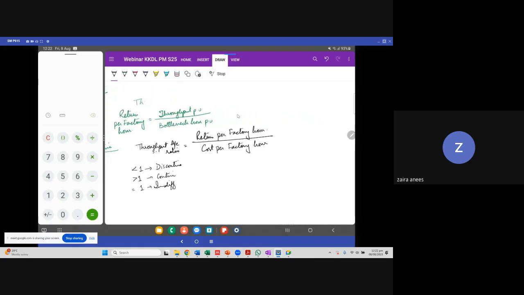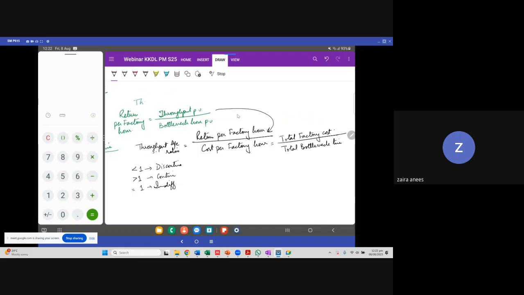And how will you calculate return per factory hour? It is calculated using the same method as before. Cost per factory hour is calculated using total factory cost divided by total bottleneck time, right?